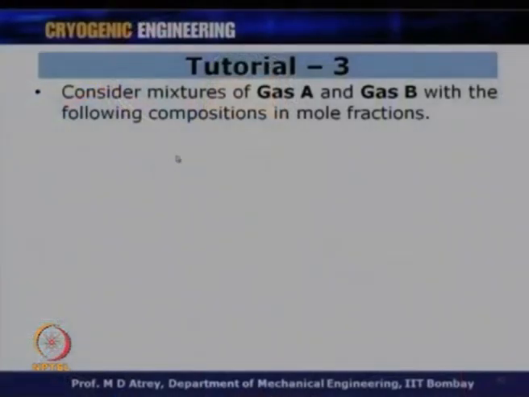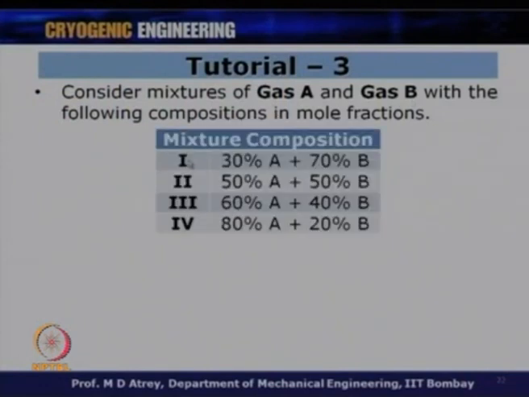Tutorial 3 aims at this, and the problem statement is: consider a mixture of gas A and gas B with the following compositions in mole fractions. We have different compositions, 1, 2, 3 and 4, with 30% A, 70% B, 50% A. We go on increasing the value of A from 30 to 80, and correspondingly decrease the value of B, 70, 50, 40 and 20, making it 100% all the time.